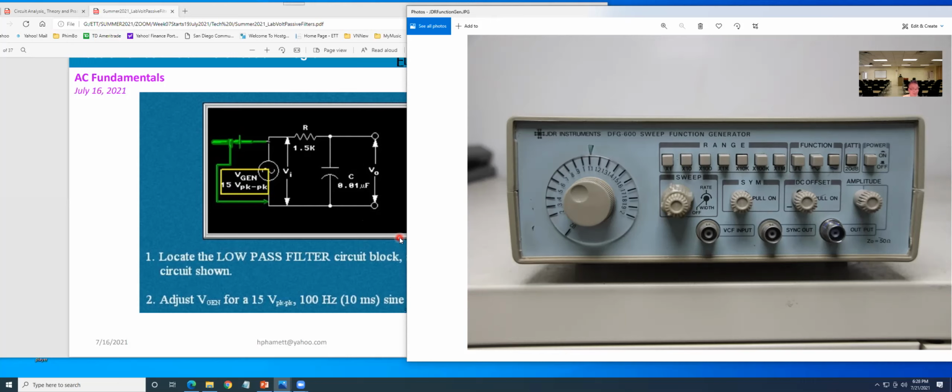That will be 100 hertz. You don't care what the number is here. The only thing is the oscilloscope displays 100 hertz. Then you can change the amplitude here to get the 15 volt. That will be correct. That's how you get a sideways 15 volt peak to peak, 100 hertz displayed on the oscilloscope.